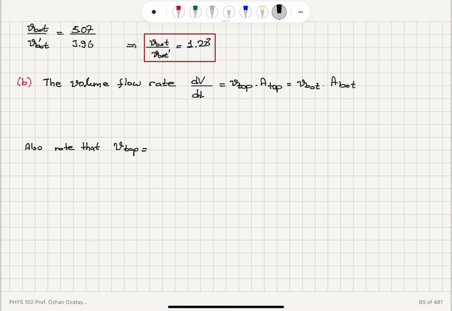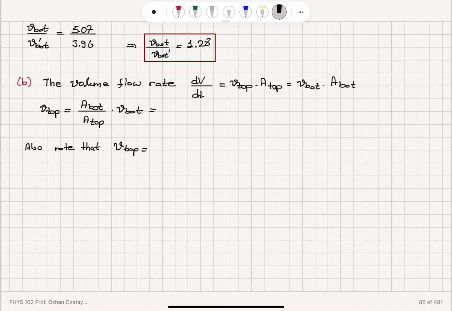This is actually what we use to decide that V top is to be neglected in Bernoulli's equation. But that's precisely what we need in order to calculate the time to drain. And V top is, according to the continuity equation, A bottom divided by A top multiplied by V bottom.